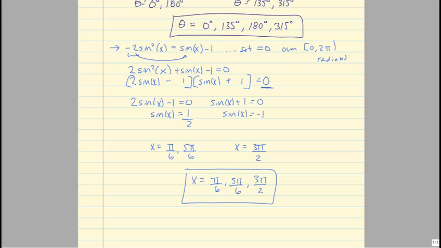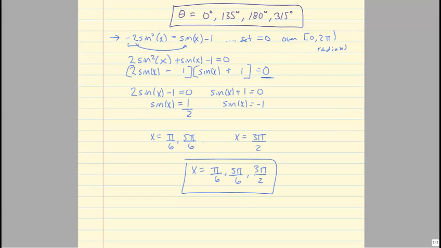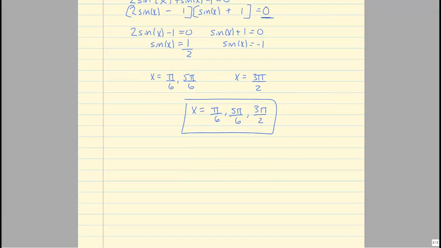Those are my solutions. Now if you're curious if you're right about these, you could take pi over 6 and plug it into the original on the left, get a decimal approximation, plug it into the original on the right, and get a decimal approximation to check that as well. And again, if you're doing these on your calculator, you need to make sure you're showing all your work and all your steps, because that's really what you'll be given credit for.